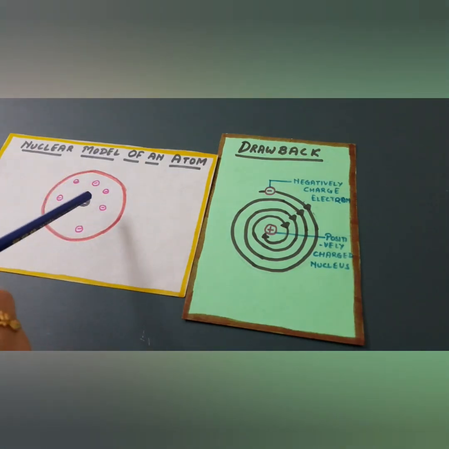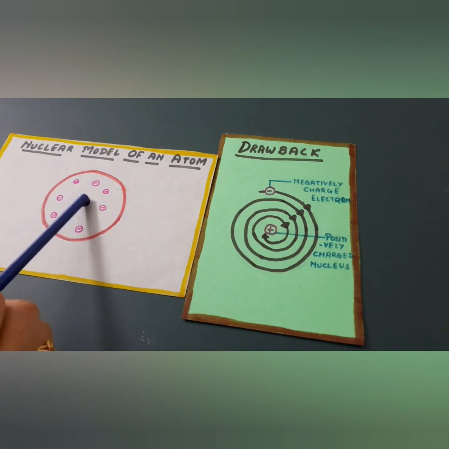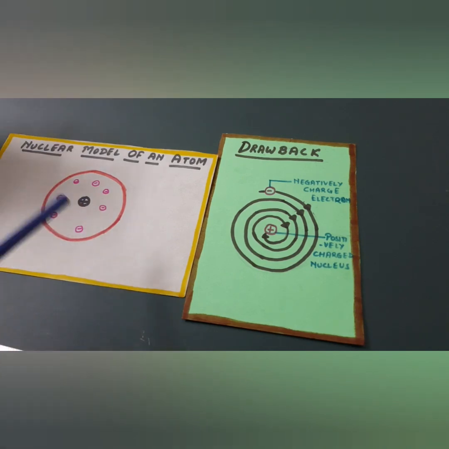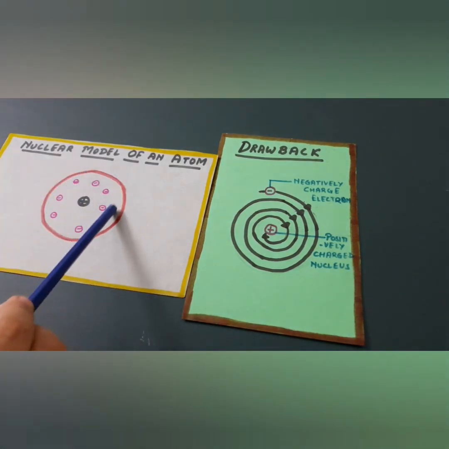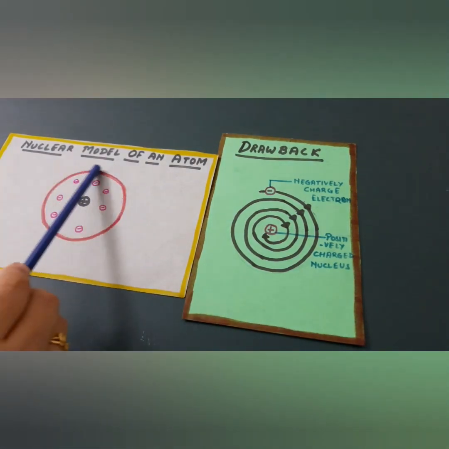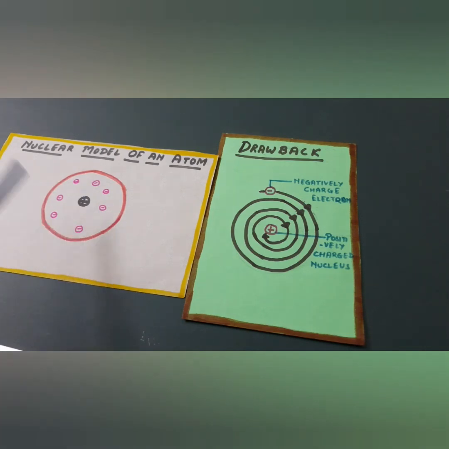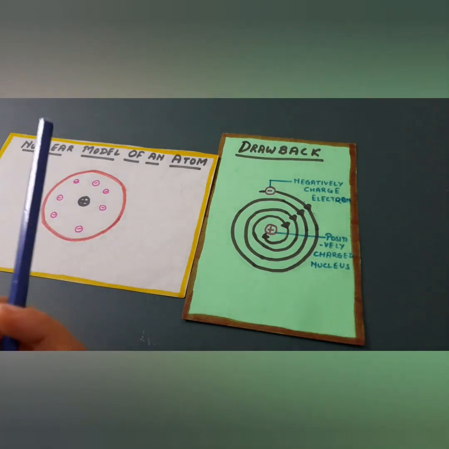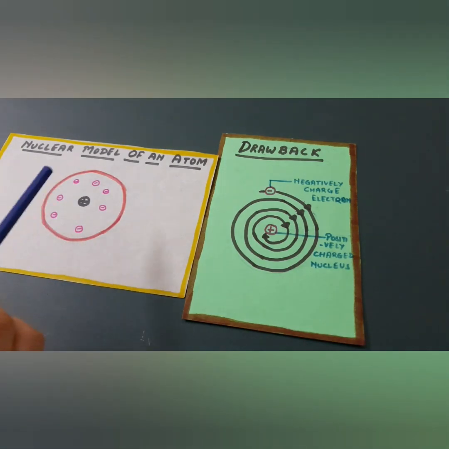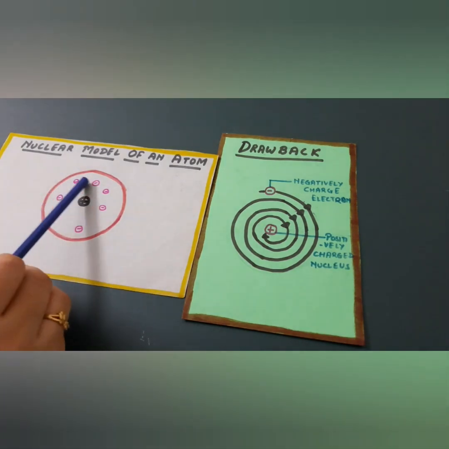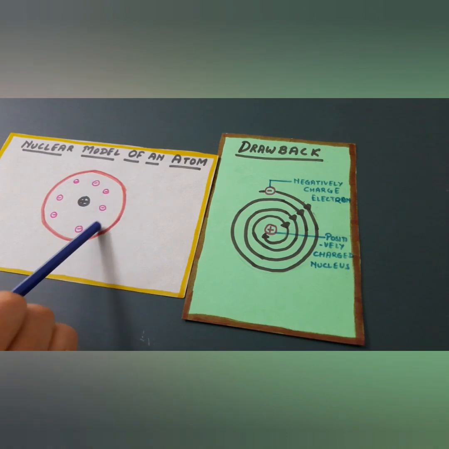You can compare the nucleus to a ball, and the total radius of the atom is 5 kilometers. So you can understand the size of the nucleus inside the atom. The electrons are moving around the nucleus.